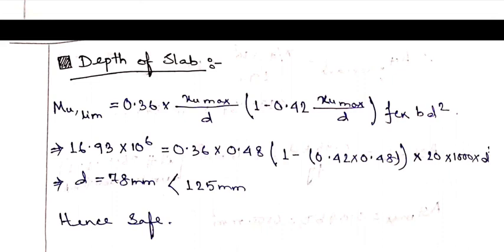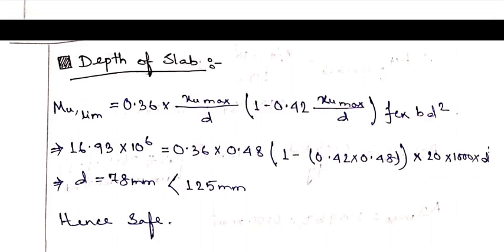So Mu limit is equal to 0.36 into xu max by d into, within bracket, 1 minus 0.42 xu max by d, bracket close, into fck into b into d square. This is the formula which is written in IS 456 2000 Annex G.